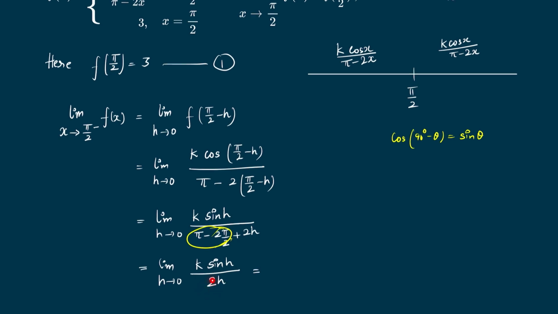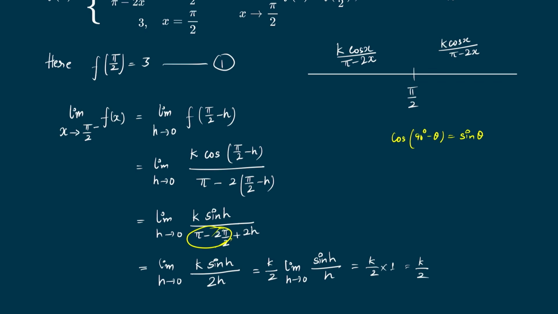Now since k by 2 is constant, let me take it out in front of the limit, then it will be k by 2 limit h tends to 0 sine h by h. Now if you have not forgotten the formula, then limit h tends to 0 sine h by h is 1. So my left hand limit is coming k by 2 into 1 equals k by 2.